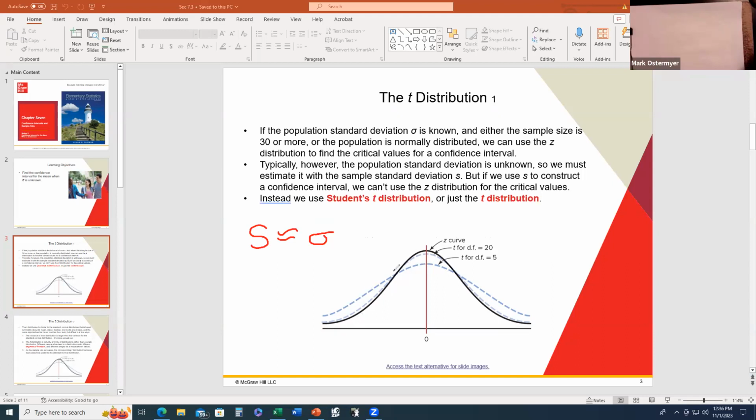Now, just like with the normal probability distribution, where it's a two-parameter model in the sense that the mean basically determines the location of the normal curve, and the standard deviation determines the shape of the normal curve, the student t distribution also is a two-parameter type curve in the sense that the mean determines its location in the plane, and something called the degree of freedom ultimately determines its shape.